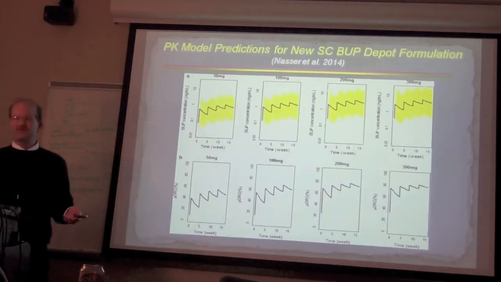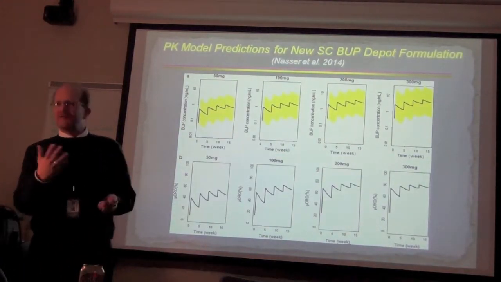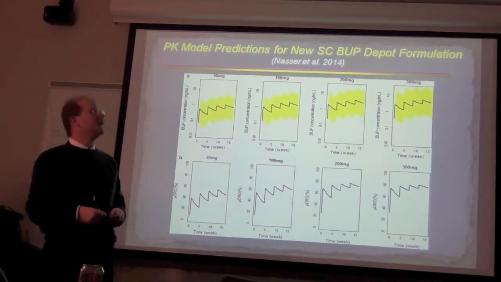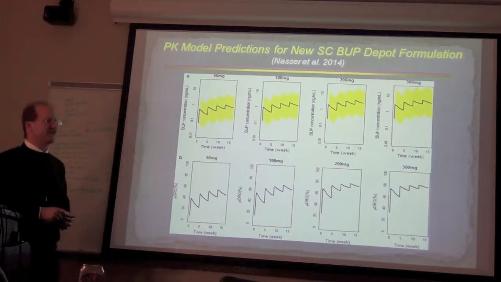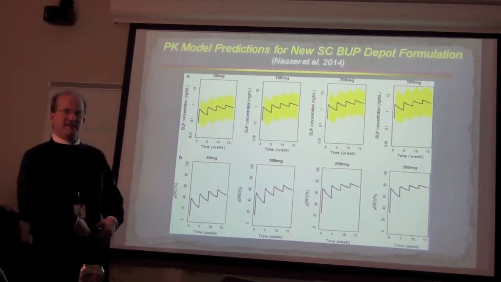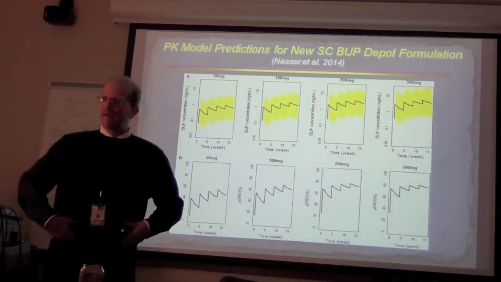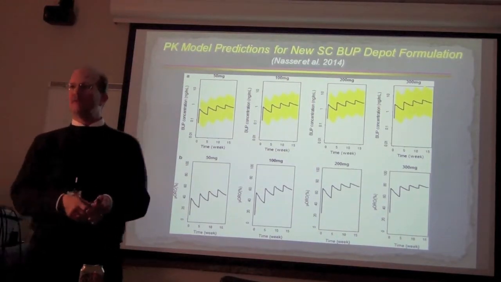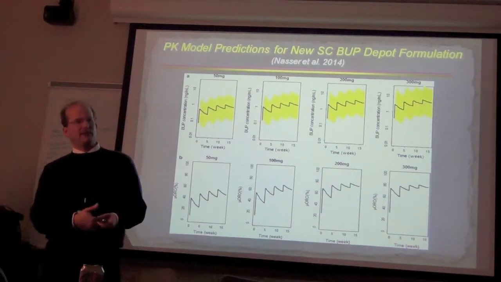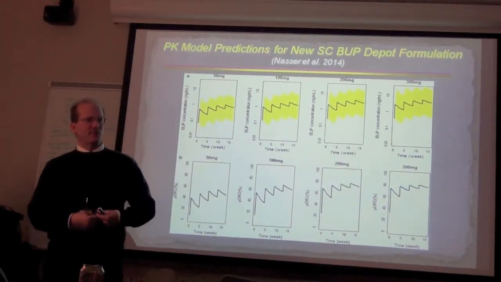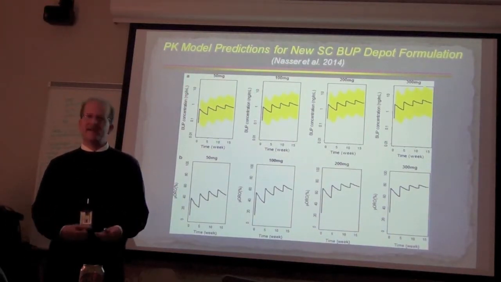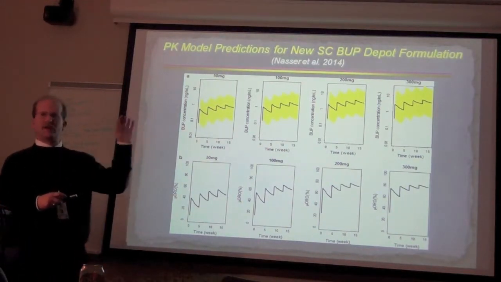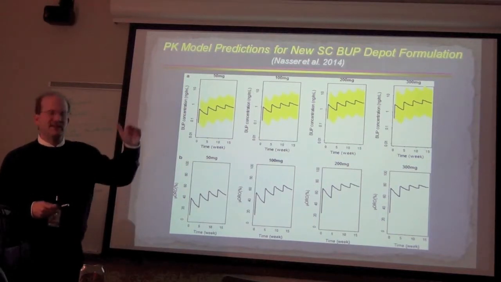And this new formulation, just to give you a little peek, we published this in Clinical Pharmacokinetics just recently. This is a subcutaneous depot injection in this area, and it's formulated with Atrigel, and it basically forms a reservoir, a slow release effect, and it takes a couple of injections to really asymptote to get you stable.